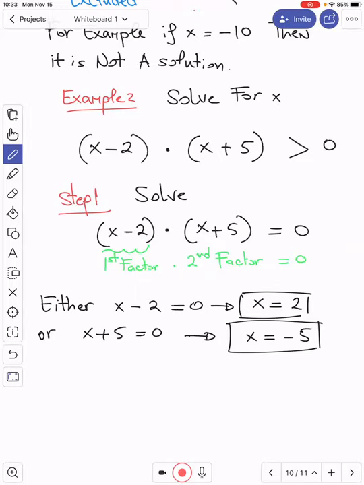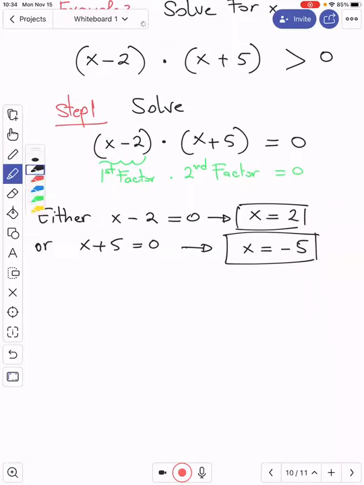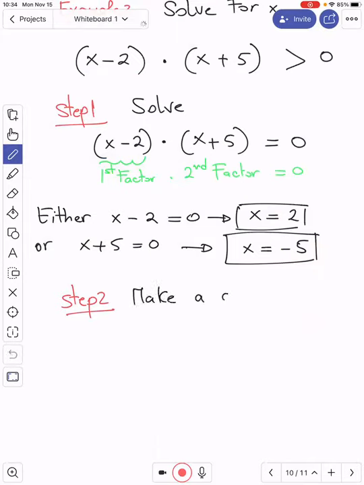Okay. And then, so this is the first step. Now in the second step, we're going to make a chart. So as a second step, number 2, we're going to make a chart of signs. Okay.